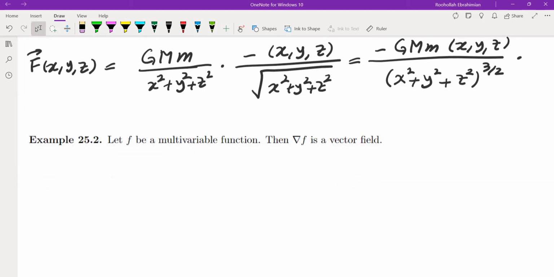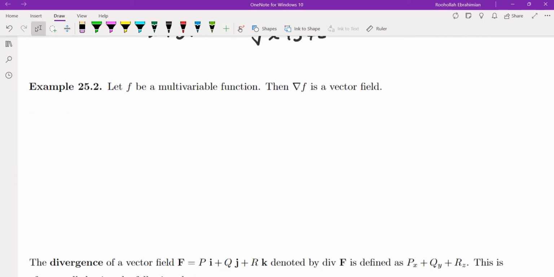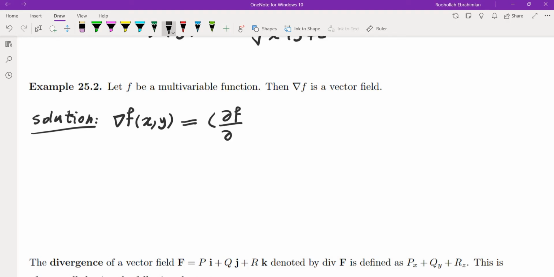So here is the next example, and this example is from mathematics. This is something we have talked about before. Let f be a multivariable function, then the gradient of f is a vector field. So what is the gradient of f? If f is a function of two variables, it is the partial of f with respect to x and the partial of f with respect to y, which is a vector field.